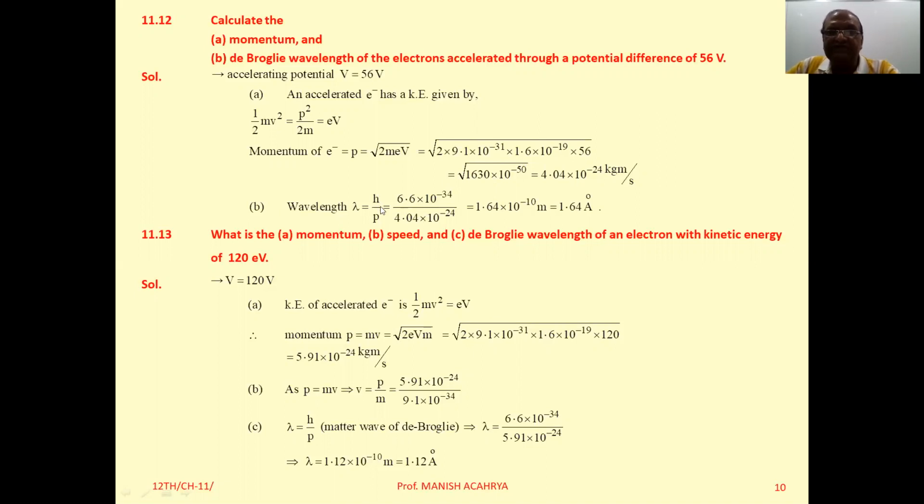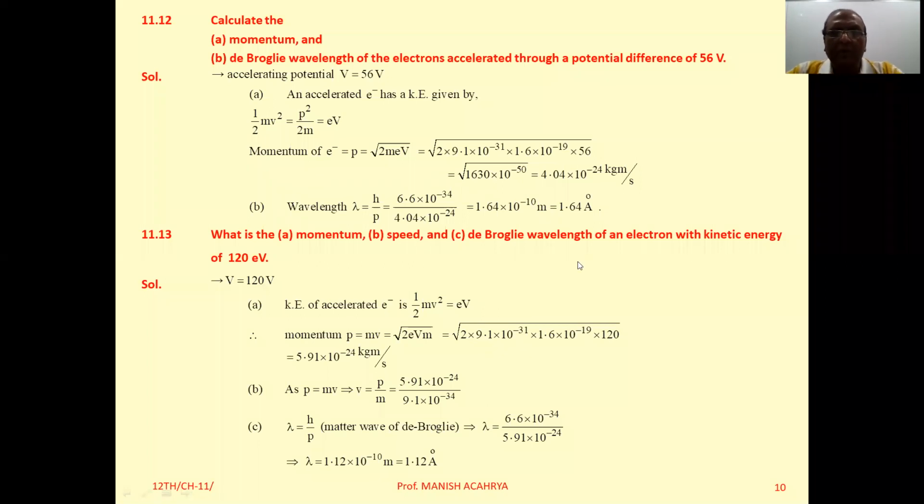So in this equation, substitute h equal to 6.6 into 10 raised to minus 34 upon p, which we already calculated here, 4.04 into 10 raised to minus 24. Solve it, you will get the answer. Clear to all of you?